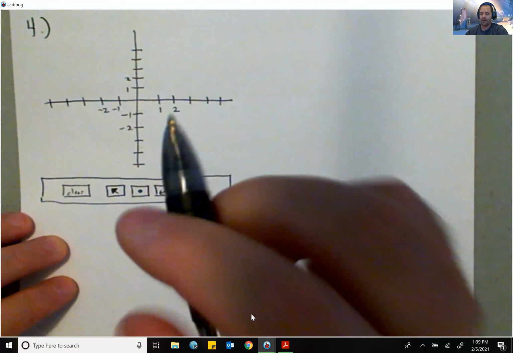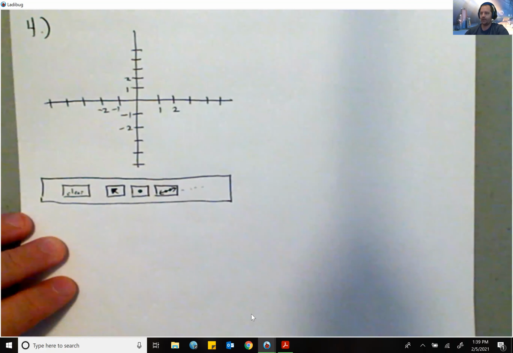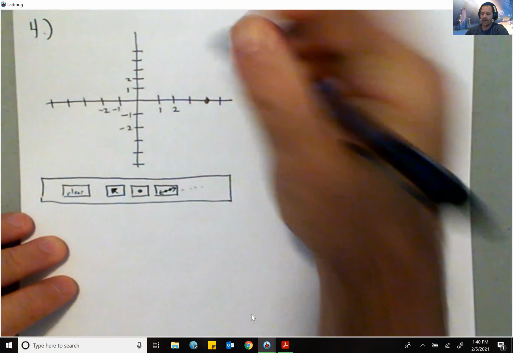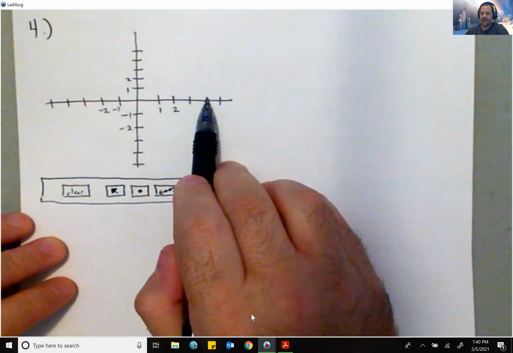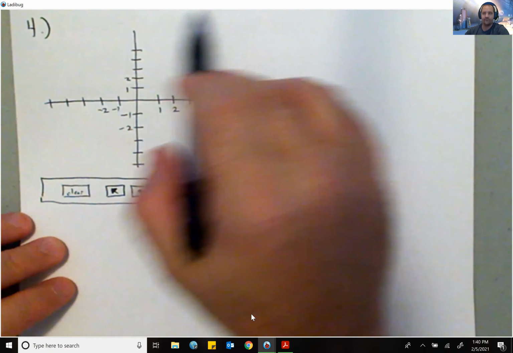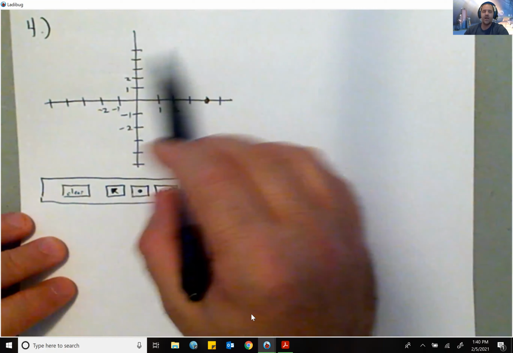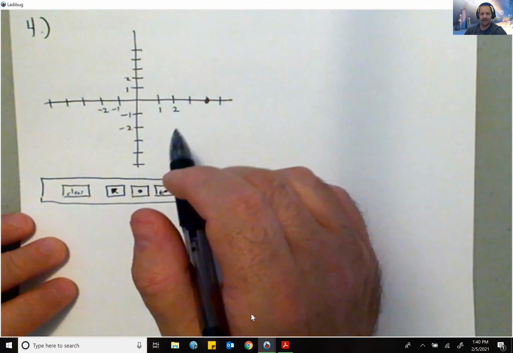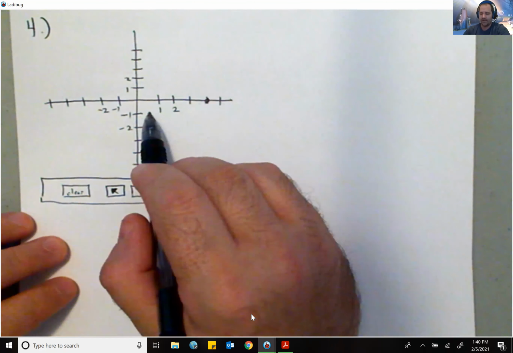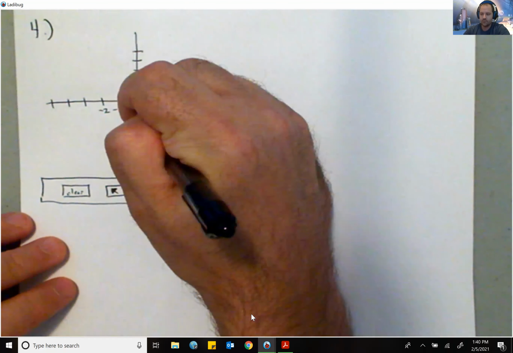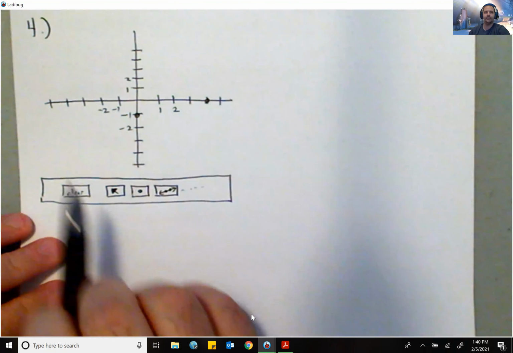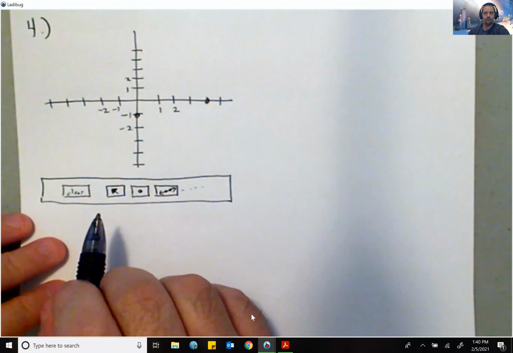So I click on my line tool, and I come up here and I plot 4, 0. So I click, and remember that as I move my mouse away, that line will show up and will follow your mouse wherever it goes until you make the next click. So my second click is at 0, -1. As soon as I click that point, the line is solid and is done.